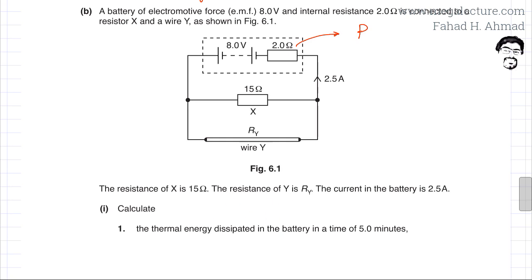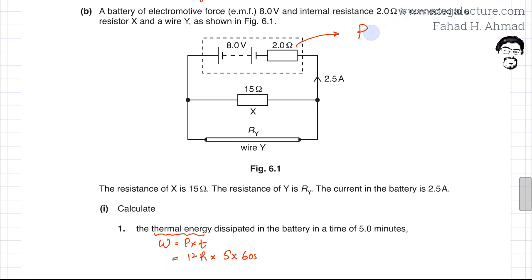Remember that thermal energy is work done. Work done is power into time. The formula of power is I squared R. Multiply that by time, which over here is 5 minutes, which is 5 into 60 seconds.